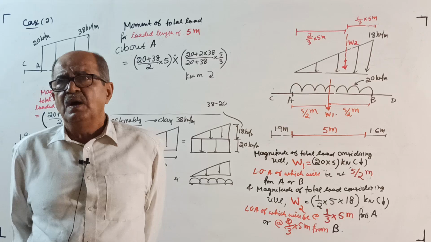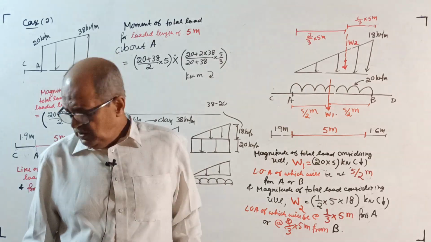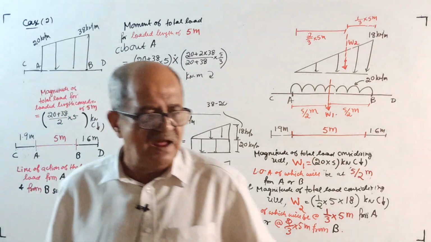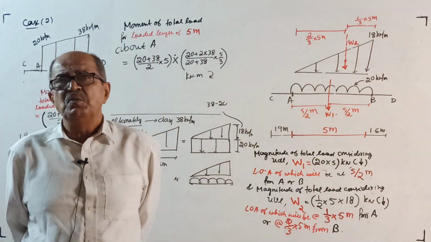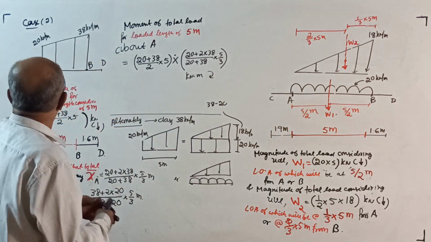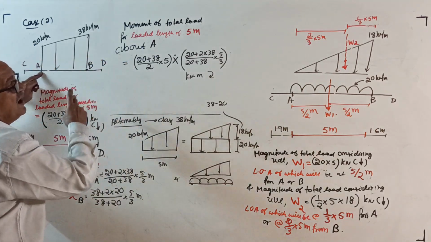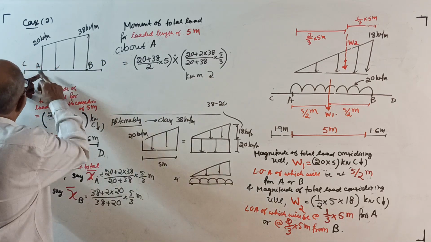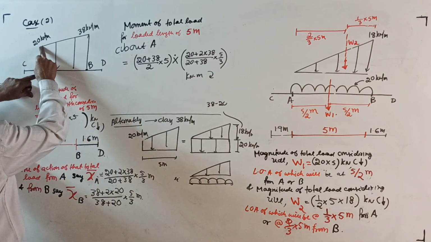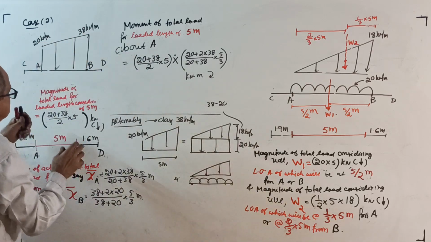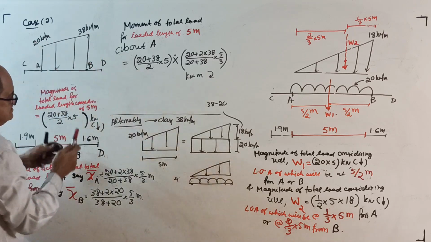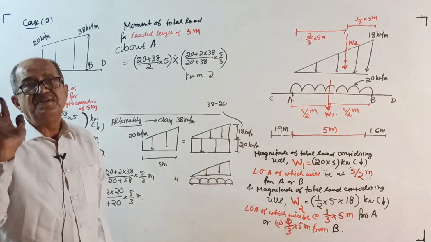Start now. Now the numerical. I need not explain much, because when book work is clear, the numerical should be clearer. Still, I noted the question down somewhere. At A, 20 kN per meter linearly increases to 38. Okay, start. Now, put the sketch. First you write the sketch.